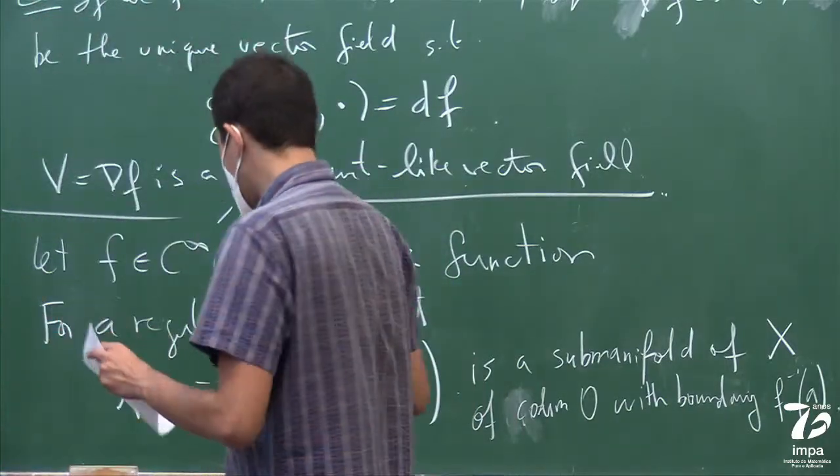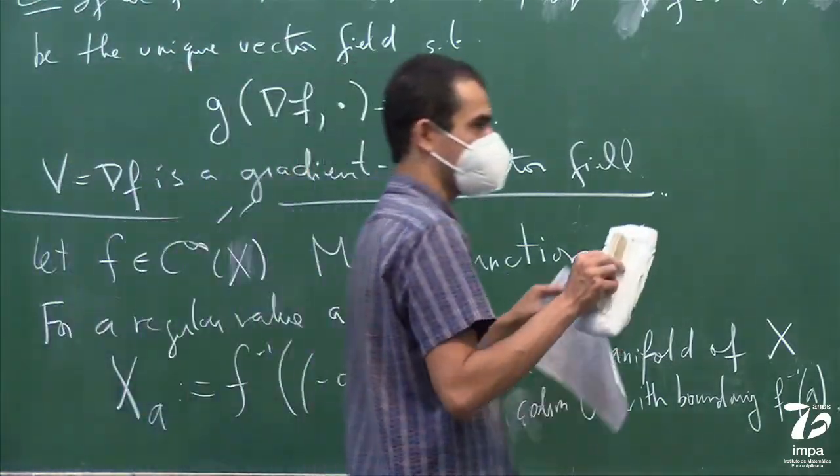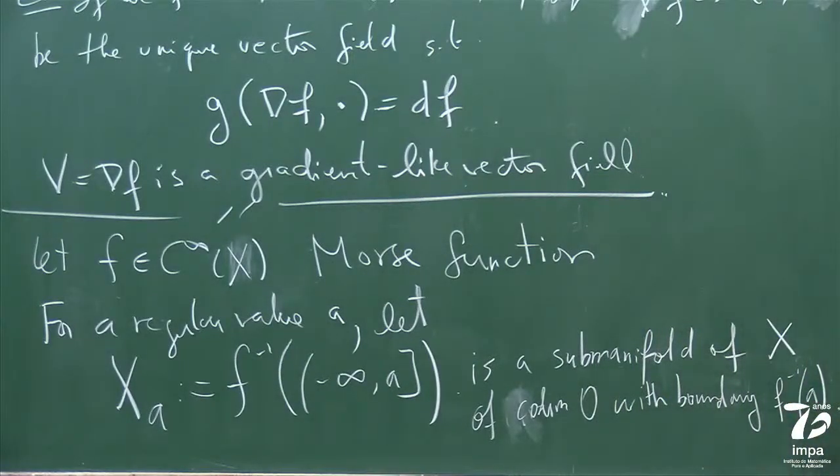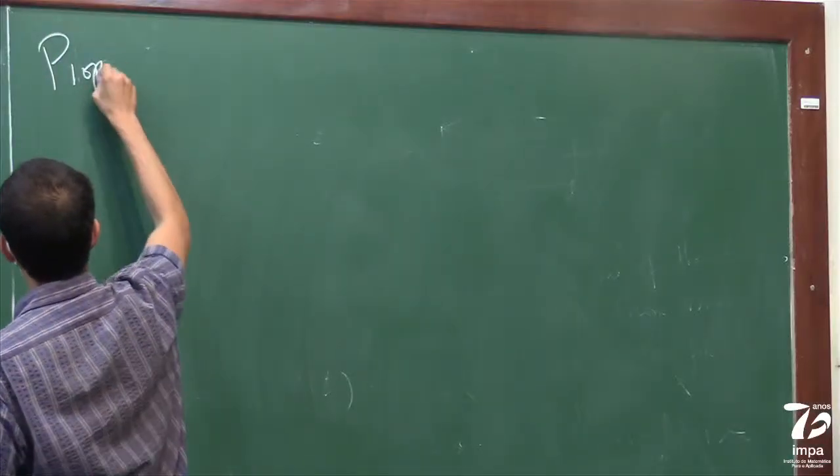Okay, so now I'm going to have the first, really interesting fact that comes from Morse theory, which is going to start kind of simple, and it's going to get more interesting. But even this, I think, is already kind of remarkable. So proposition.